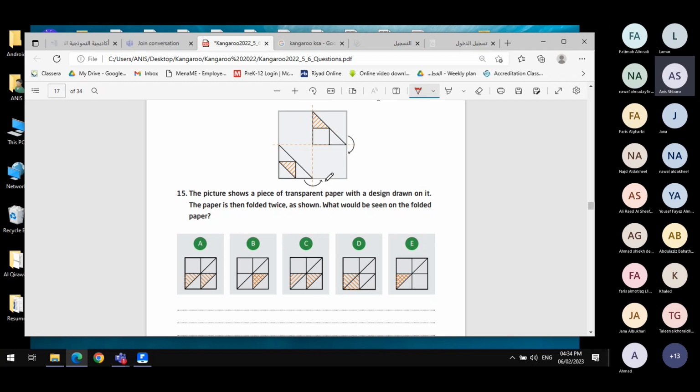So let's do them step by step. Simply we can start from here or from there, doesn't matter. If we started from here, this triangle will be opposite. So it will be like this, right? Yes, correct. And let's look inside of it. We have this triangle. We'll flip it, so it's going to be the same.